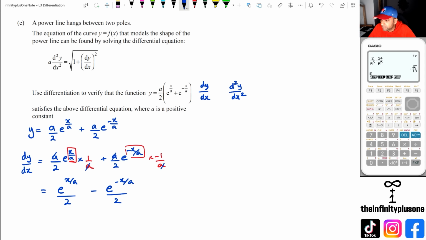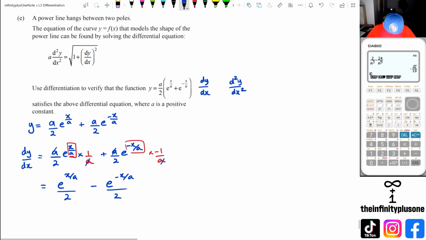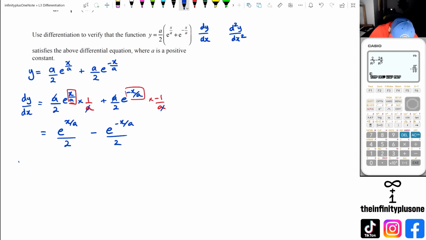Hopefully I've done this right. Yep, that's all looking good. So that's dy dx. Now I've got to differentiate it a second time to get my d squared y dx squared. So we're going to differentiate this.